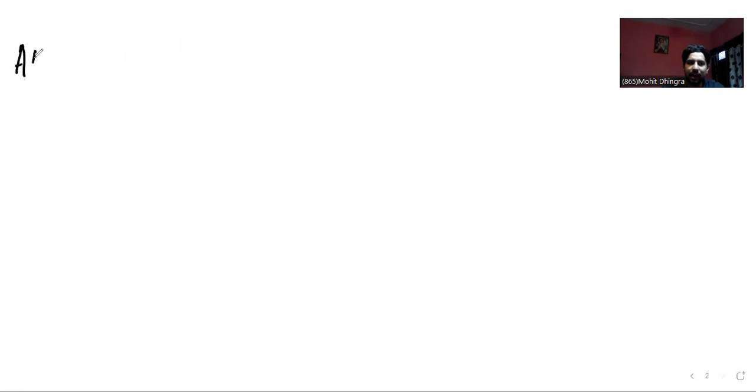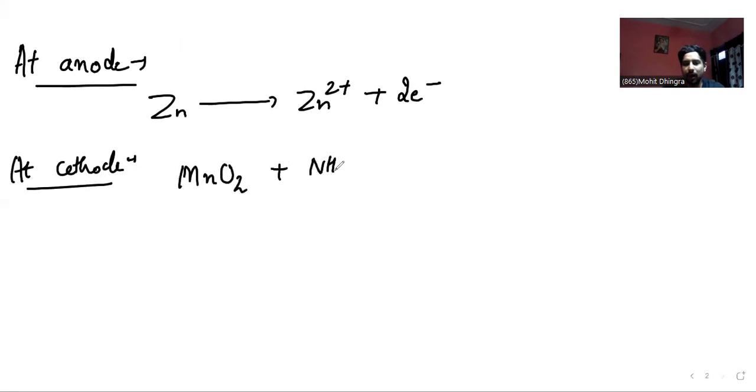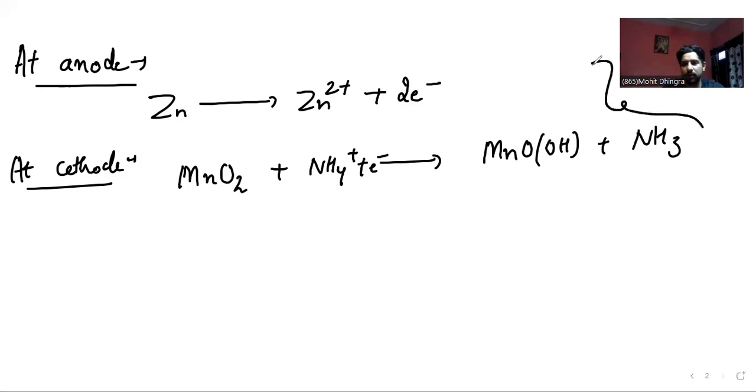Then at the anode, which chemical reaction is happening? At the anode, zinc is getting oxidized into Zn2+. And at the cathode, MnO2 plus NH4+ plus electrons gives MnO(OH) plus NH3.